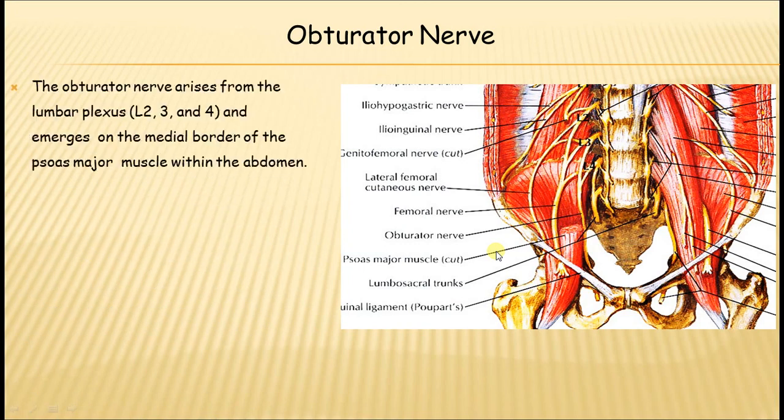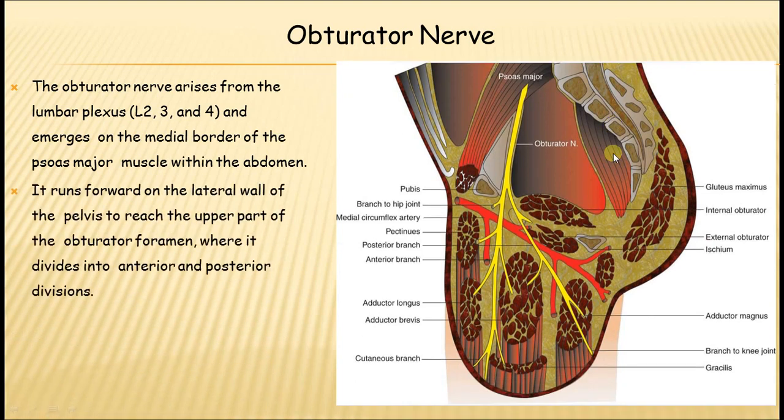Now coming to the obturator nerve, it is again a branch from the ventral rami, the ventral division of the lumbar plexus, L2, L3 and L4. It is seen along the medial border of the psoas major muscle in the abdomen.